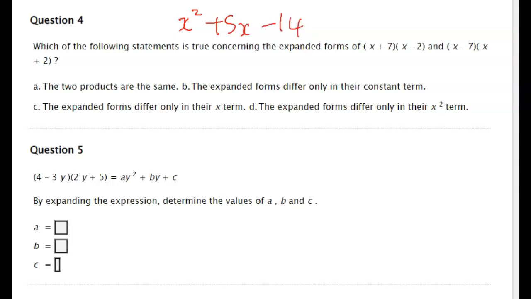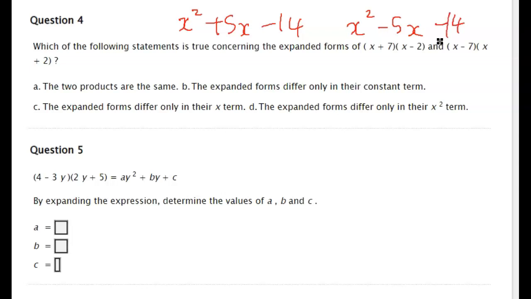And then for our second one, it's a bit horrible that it goes over the line, but we're smart here, we can actually see that we've got an x plus 2. So x times x is x squared, x times 2, and then minus 7x, so we've got minus 5x, and then -7 times 2 is minus 14.